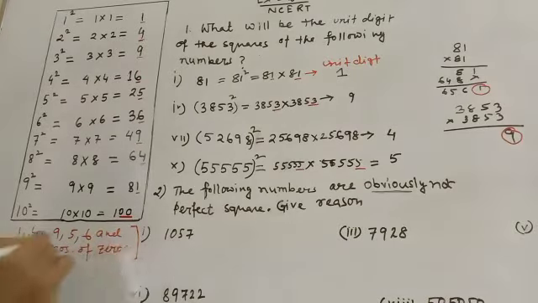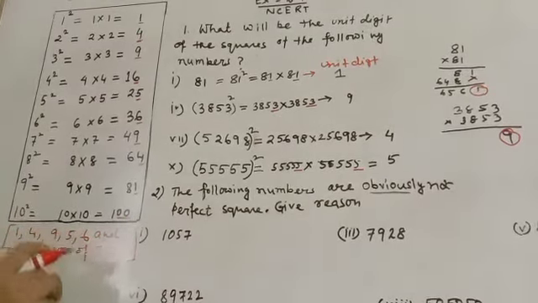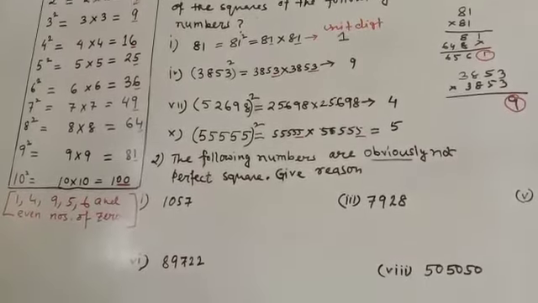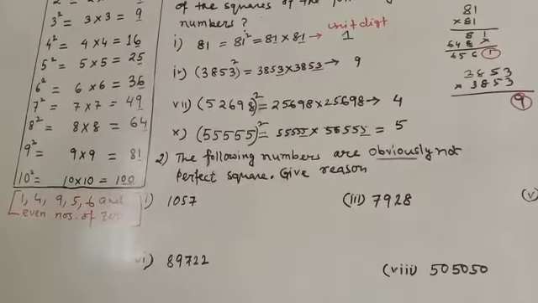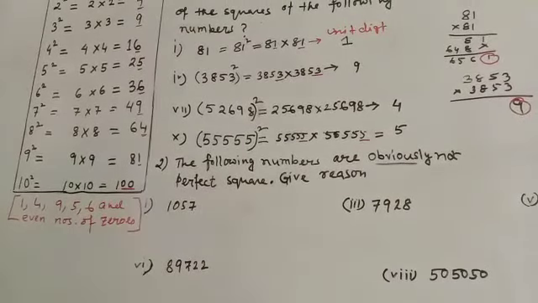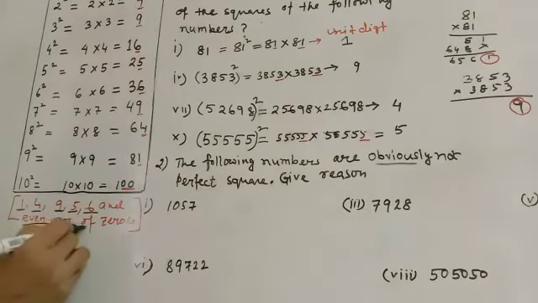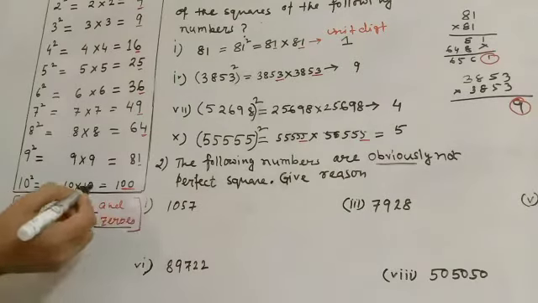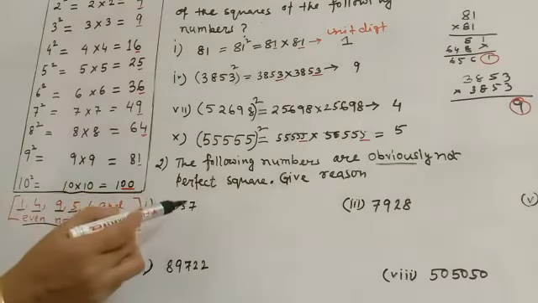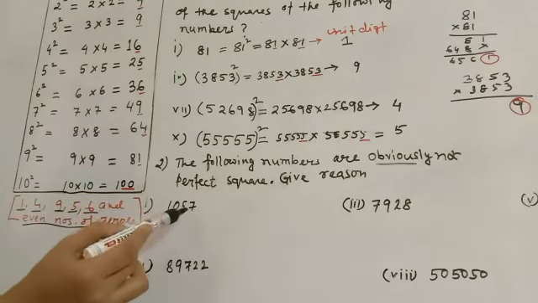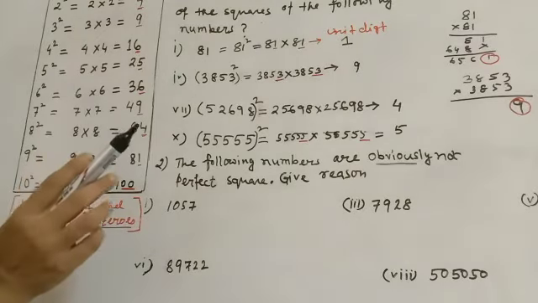These are the numbers. If we get them in the ones place, then we can say that these numbers are perfect squares. So these are the numbers 1, 4, 9, 5, 6 and even numbers of zeros. If we get these in the last digit, then we can say that they are perfect squares.